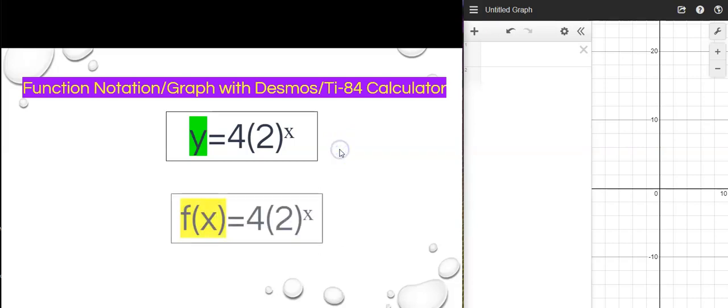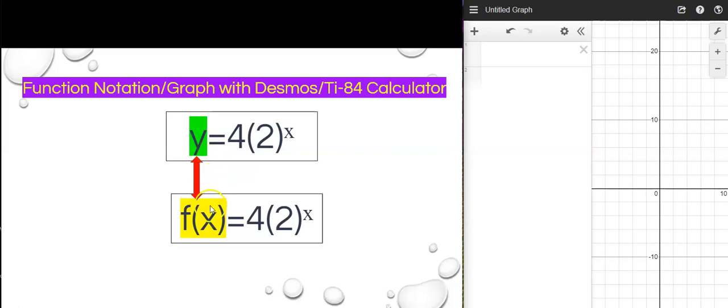Okay, so function notation. Now, as you can see, these two equations here are the same exact equations. The only difference is I have a y written here and I have f of x written here. Well, f of x and y basically mean the same thing.